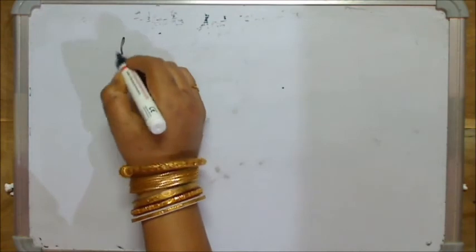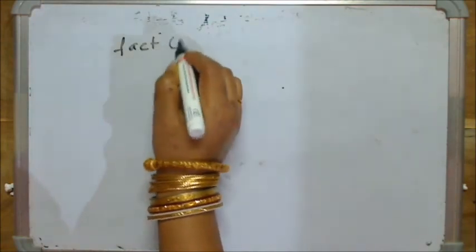So a value is passed by the main program to the subroutine. Suppose you write fact 10.